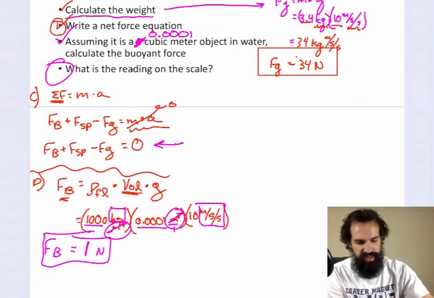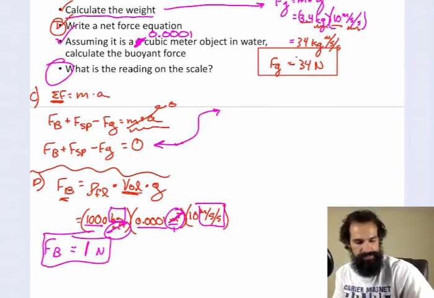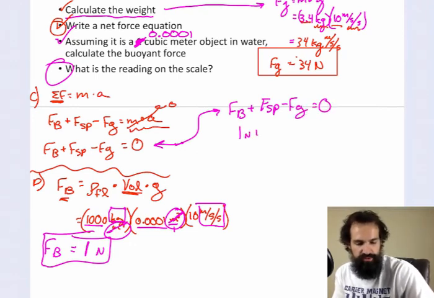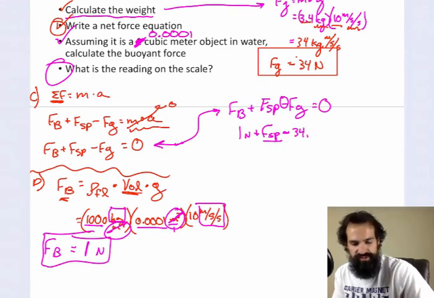So we're going to take the net force equation and plug in what we have. Buoyant force plus spring force minus the force of gravity equals 0. We know the buoyant force is 1 Newton. We're trying to solve for the spring force, so we still don't have that. Don't forget that minus sign. We know the weight is negative 34 newtons.